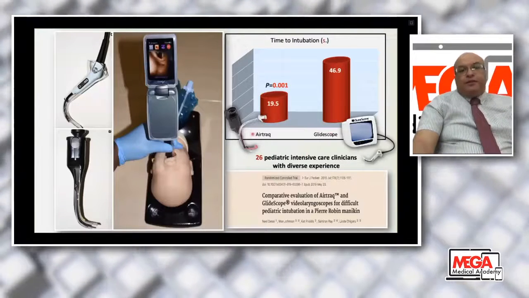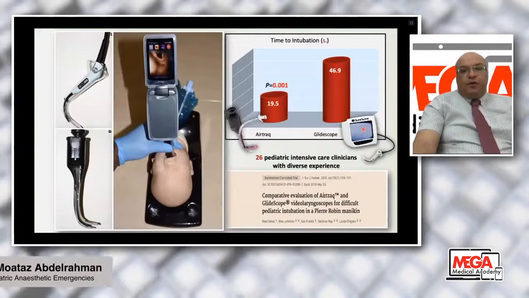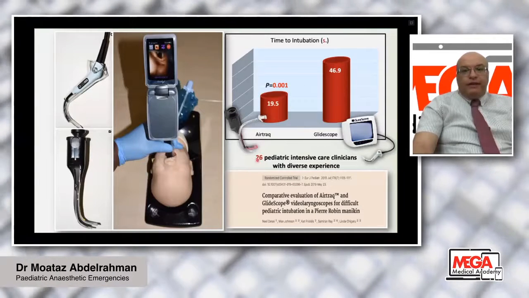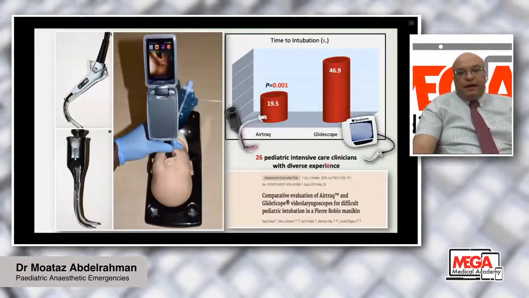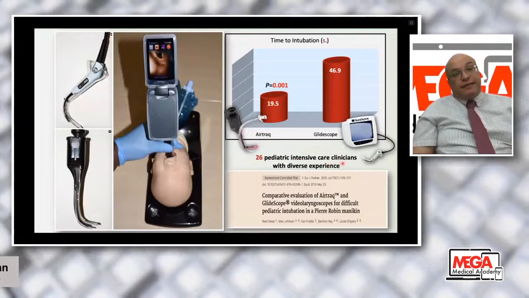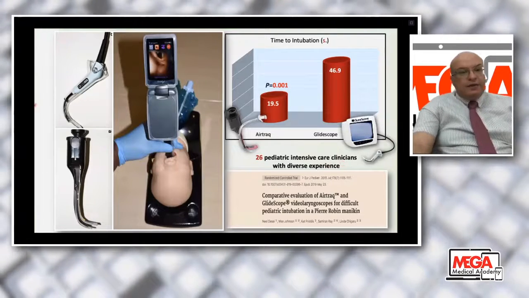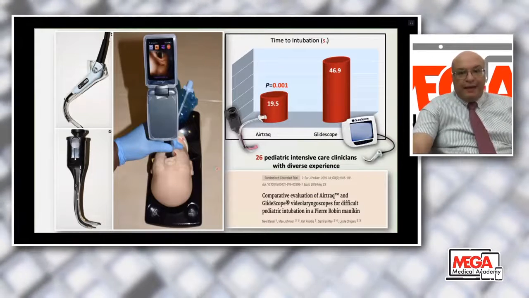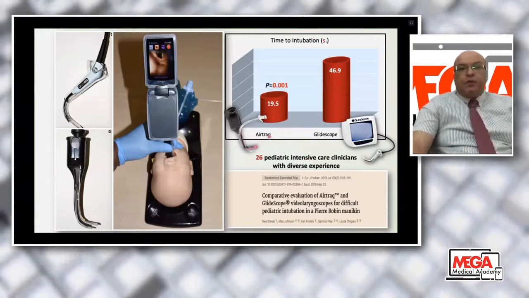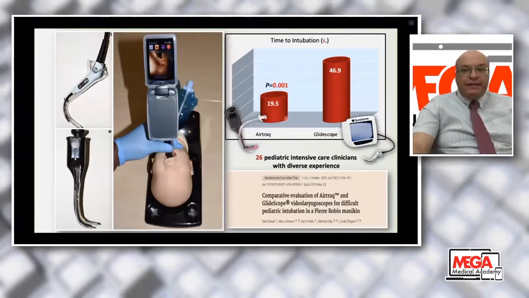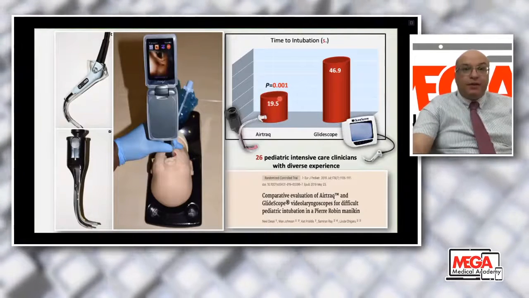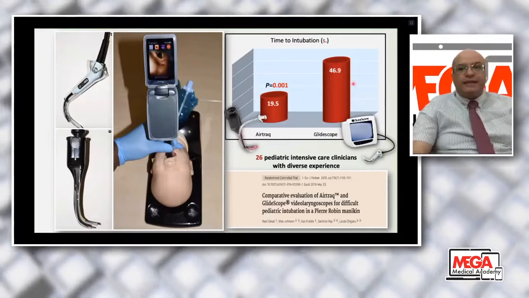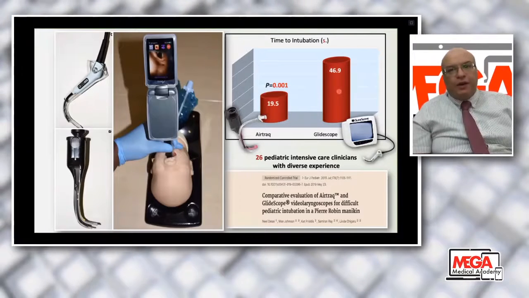As a comparative study between AirTraq and GlideScope for time, including 26 pediatric intensive care clinicians with diverse experience, they used GVL GlideScope and AirTraq on manikins. They found time to intubation was significantly less. You can see it is a big difference, 19.5 seconds versus 46 seconds using GlideScope.